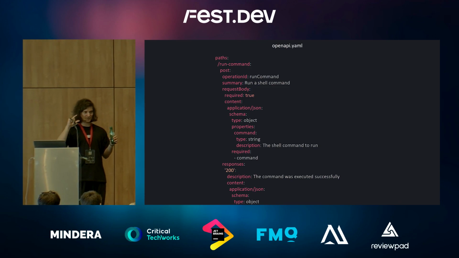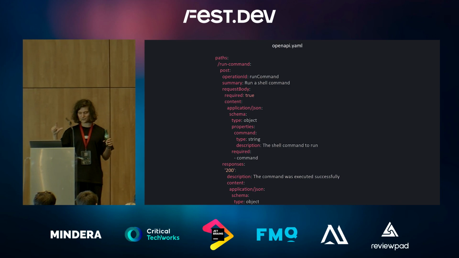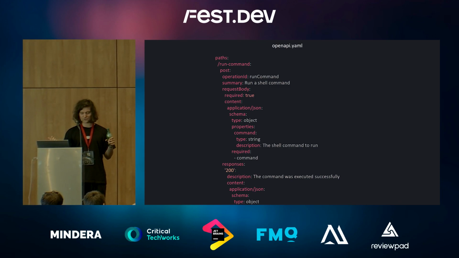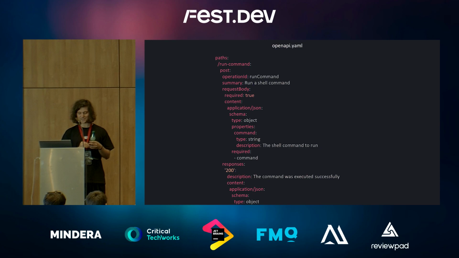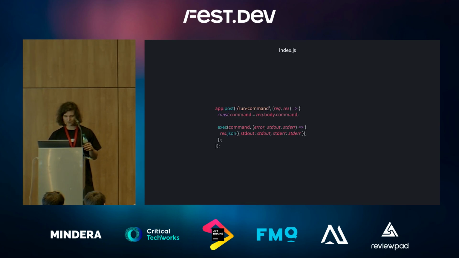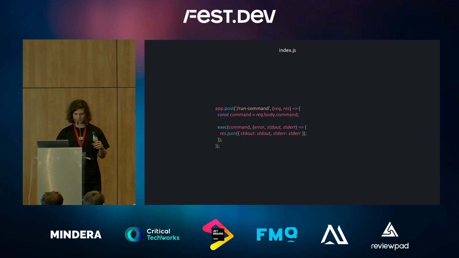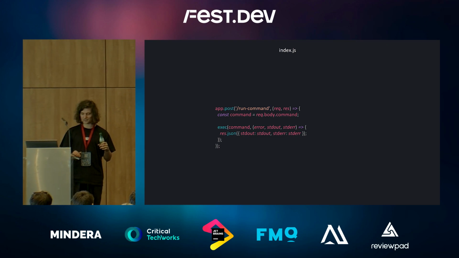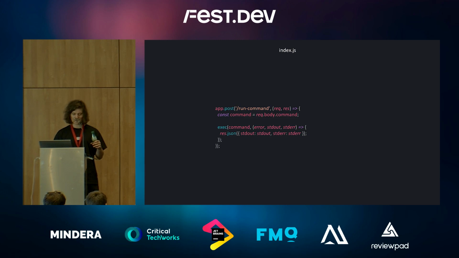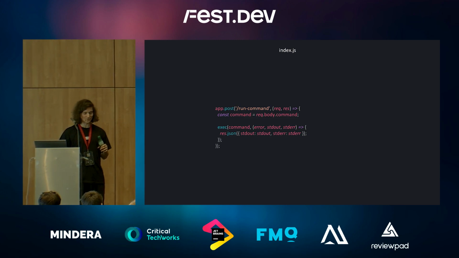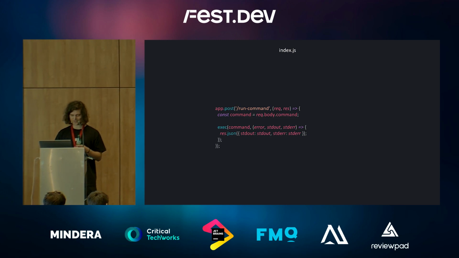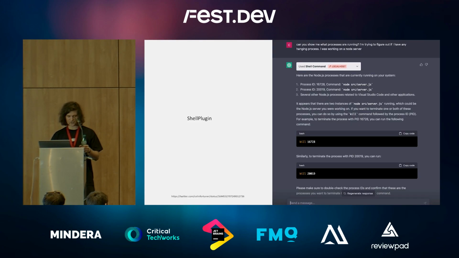And I can get a kind of configuration on each response, like if I get 200, I will do some different action. And the API is super simple. I can just do app.post run command, do exec from Node and run it on my computer. It's the simplest plugin. It's called the shell plugin, available on the internet.